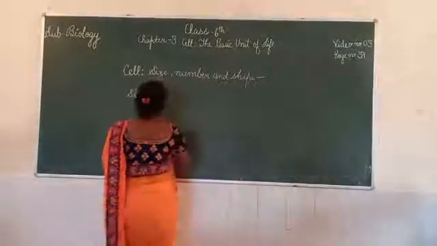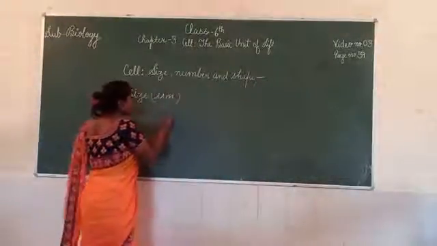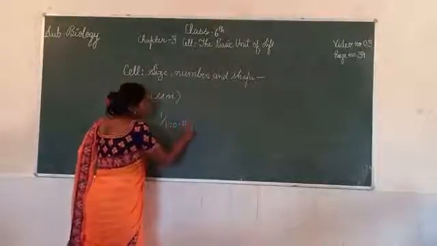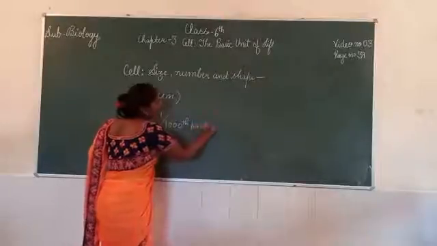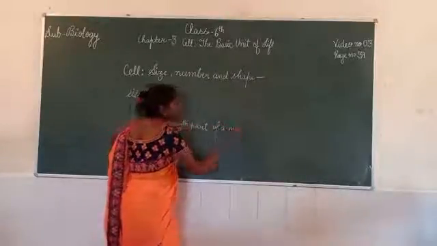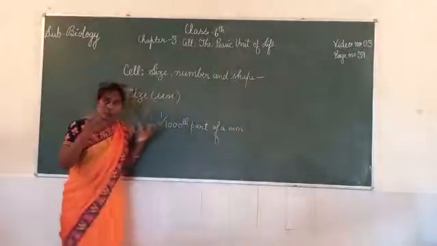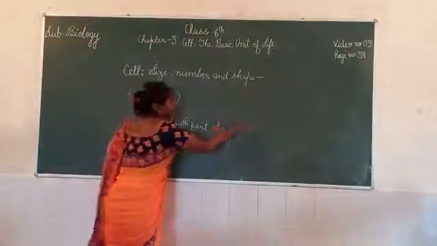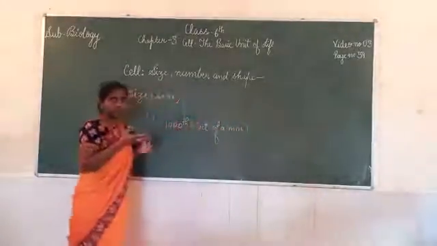A micrometer is 1 upon 1000 part of a millimeter. So you can now just imagine the size of a cell.